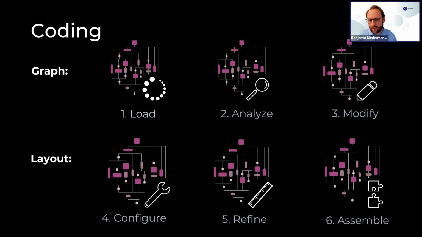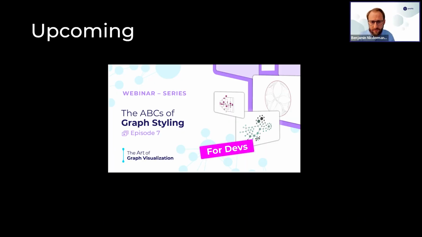There are typical steps like the layout data, which also gives you the possibility to configure the layout for single elements, but you can also assemble different layouts. So what you should take from this episode is typical patterns that you can use in yFiles to obtain your desired graph visualization. And with this, I already would like to wrap up the main part of this webinar.